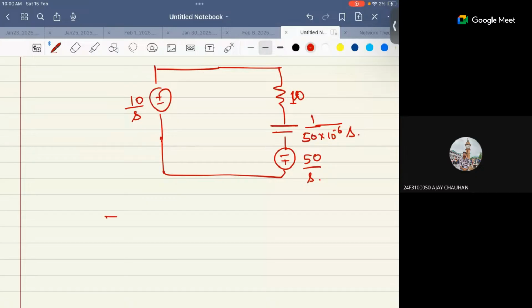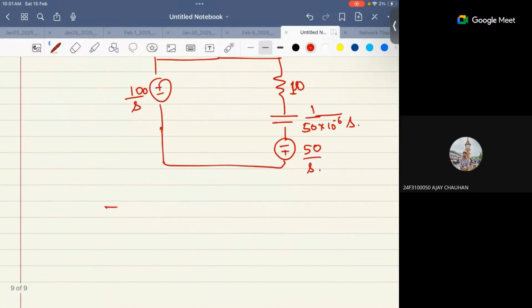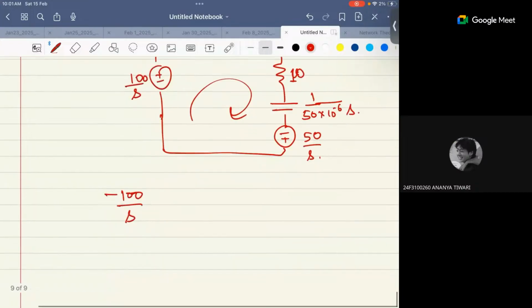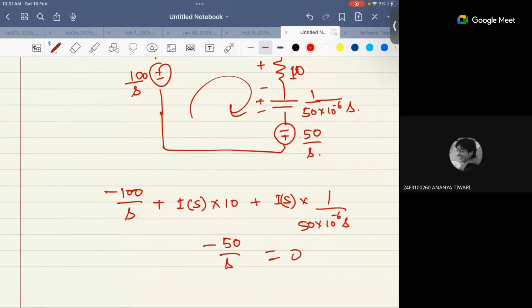Here it was 100 upon s, so you can write minus 100 upon s, then plus minus, plus I(s) times 10, plus I(s) times 1 upon 50 into 10 to the power minus 6 s, minus 50 by s equals 0.